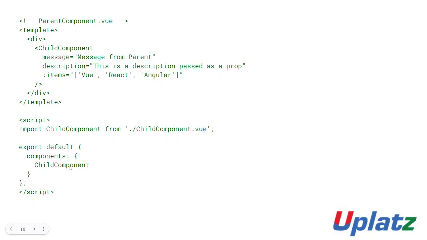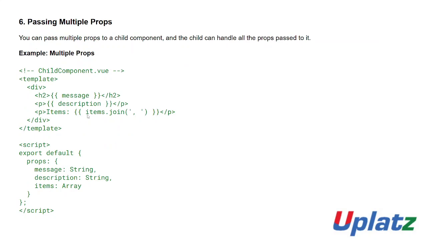Now it sends the value to the child component, because in the child component it uses this message, description, and the string as an array.